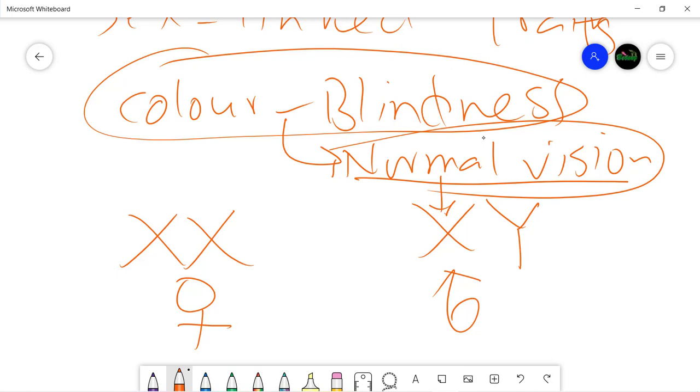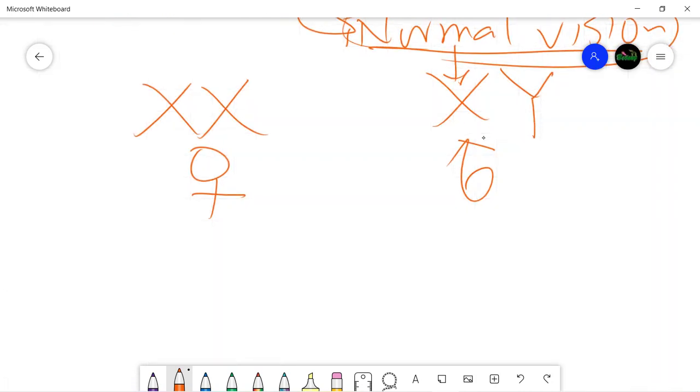A colorblind individual cannot distinguish between red and green usually. Whereas a person who has normal vision can easily distinguish between these two colors, whereas a color blind cannot. And its pattern is sex-linked inheritance.